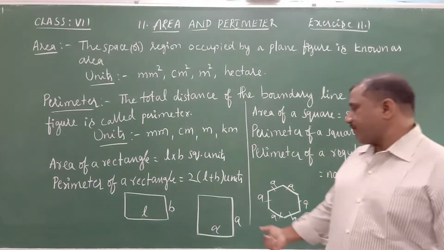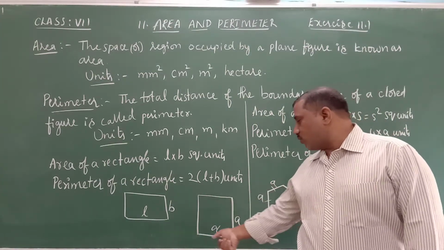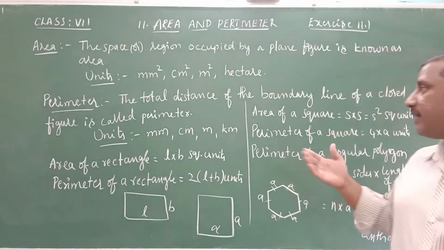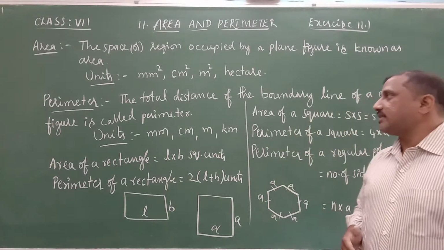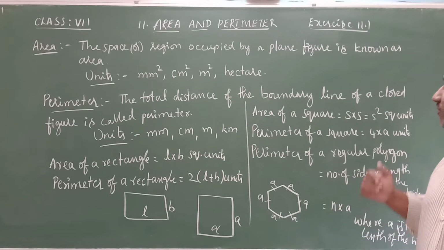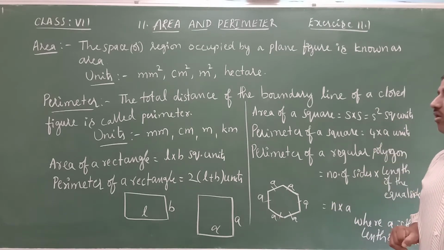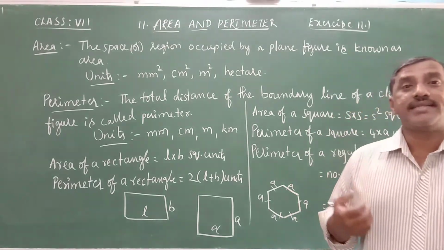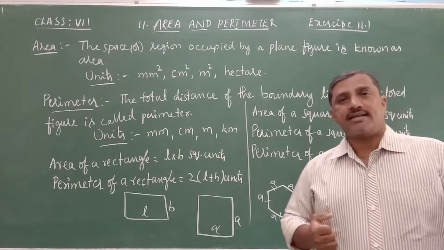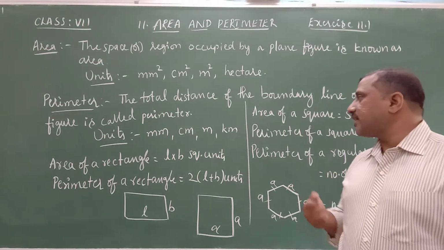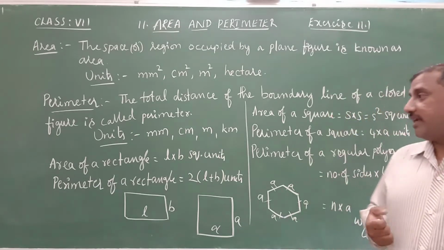If you take a square, the sum of the length of these 4 sides will give you the perimeter of the square. Its units are millimeters, centimeters, meters and kilometers.